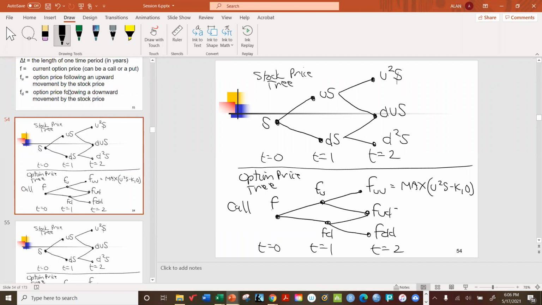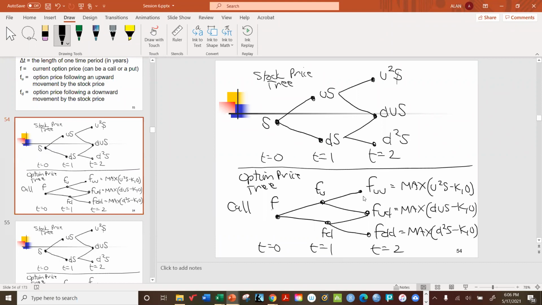For this one, we'll have the max of DUS minus K and 0. And down here, finally, we'll have max of D squared S minus K and 0. These are the easy ones. These are the so-called payoffs or intrinsic values to the option, because that's the maturity date of the option.